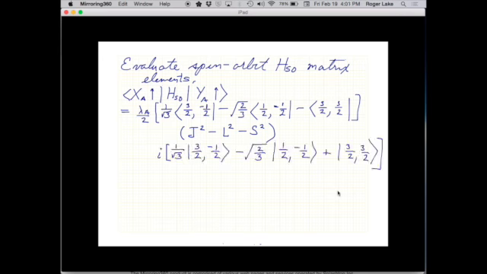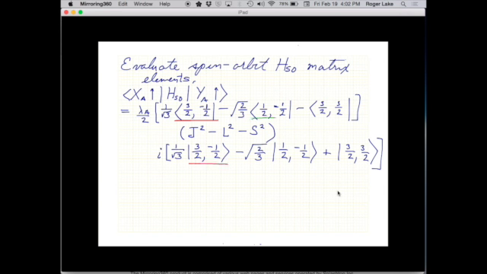Now recall that each one of these bras, each one of these states, which are the total angular momentum states, are simultaneous eigenvectors of J squared, L squared, and S squared. So in this basis, all these operators are diagonal, which means that this bra is only going to have a matrix element with this ket.